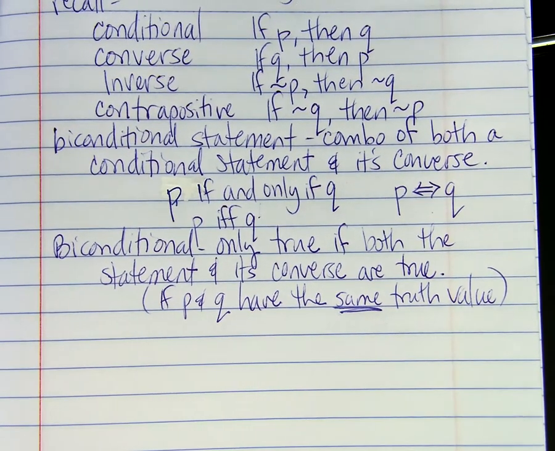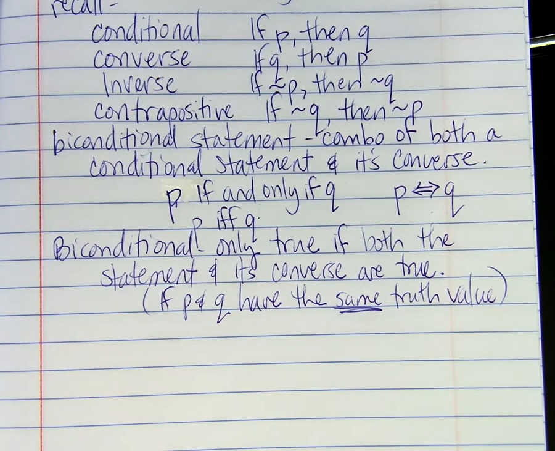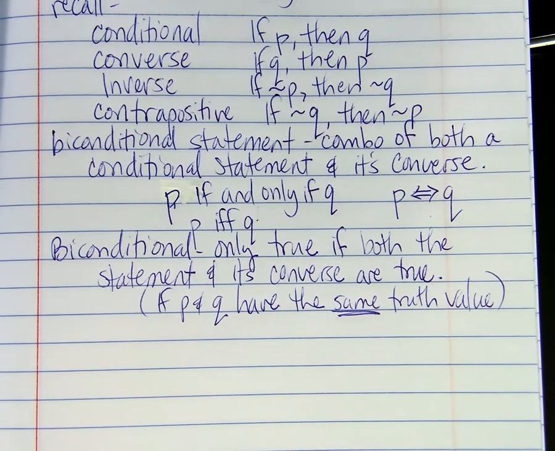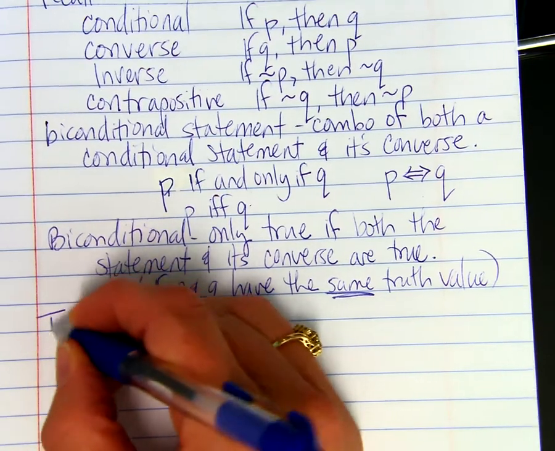So this is what we're going to go over today. Truth tables are a list of all possible combinations of truth values for a hypothesis and conclusion. So we're going to write down what that is.